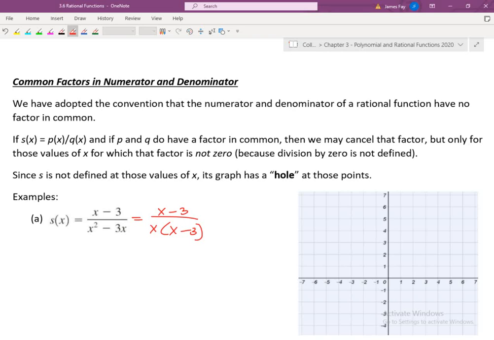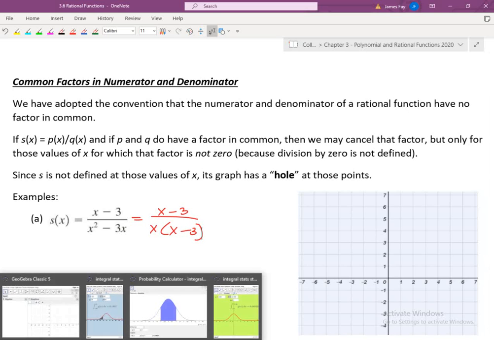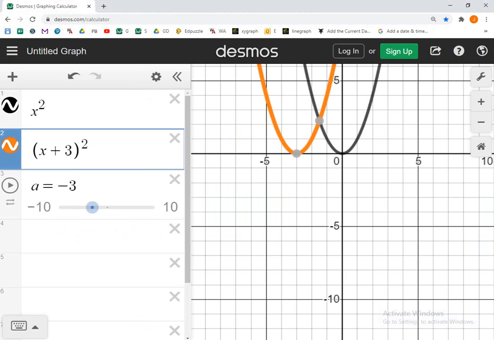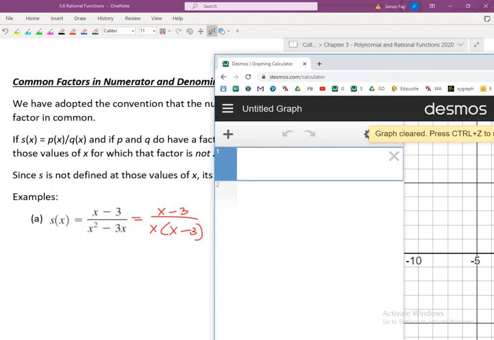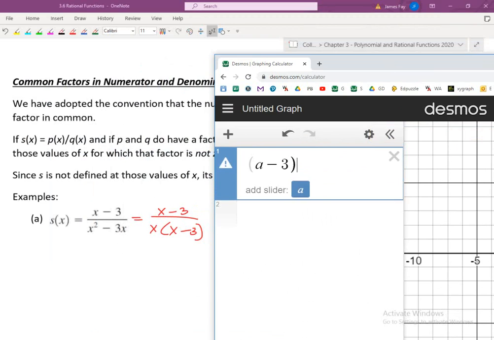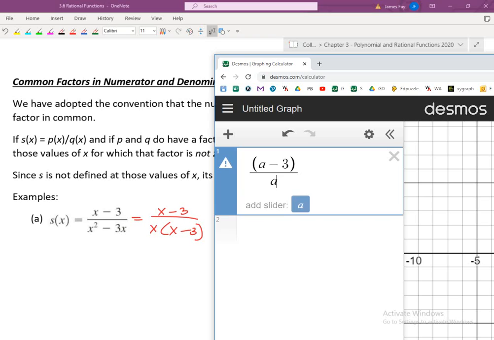Maybe if we take Desmos and type in this function, x minus 3. Actually, I'm going to use a minus 3 so I can use a slider here. A squared minus 3a.